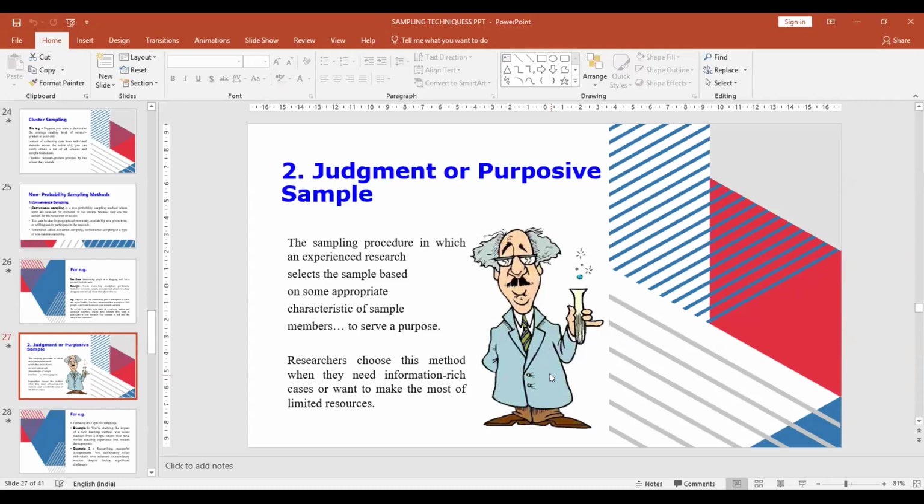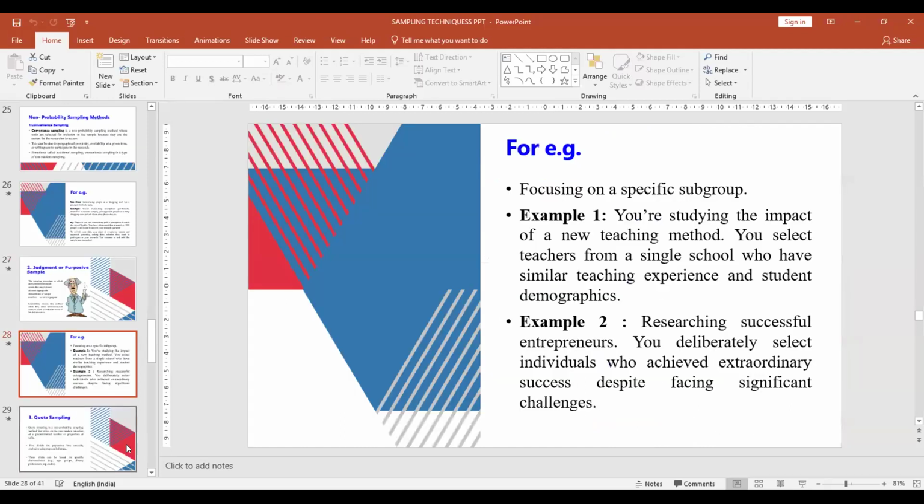So I will give an example. Focusing on a specific subgroup. We have already decided this is the group. You are studying a new teaching method. Another example, researching success stories of individuals who achieved extraordinary success despite facing significant challenges.